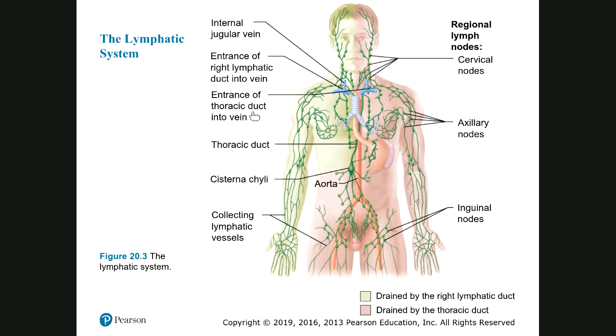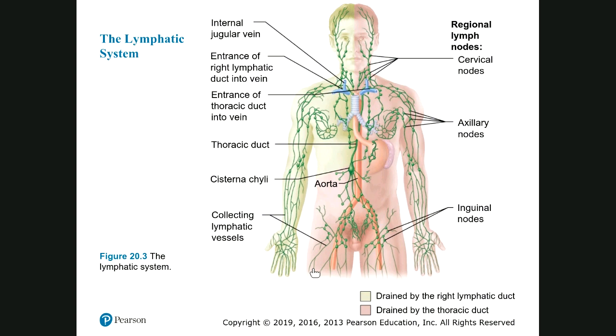The collecting lymphatic vessels have the same 3 tunics as our veins. They have thinner walls and more internal valves than our veins. The largest collecting vessels unite to form trunks.